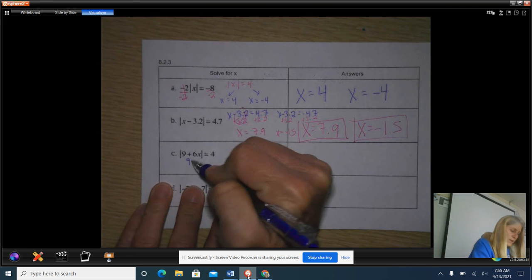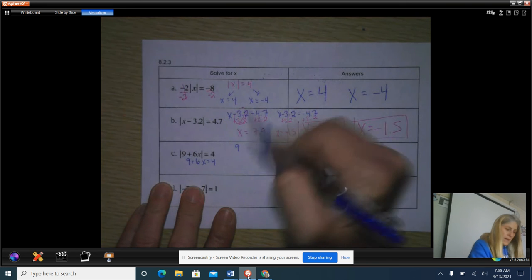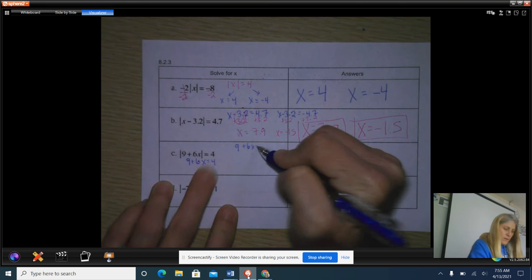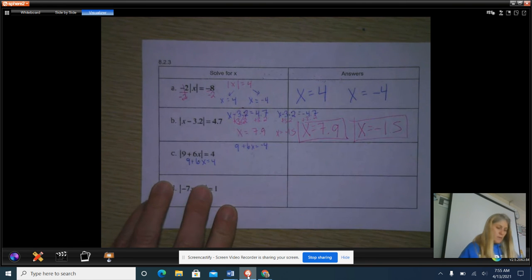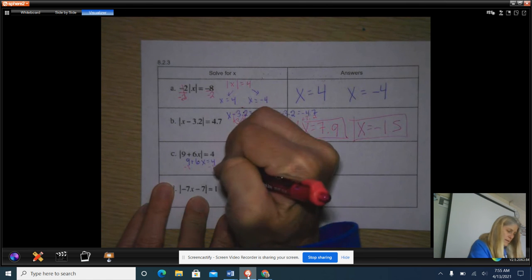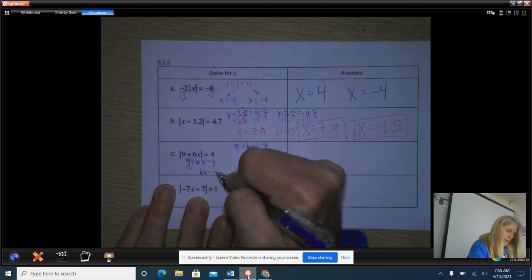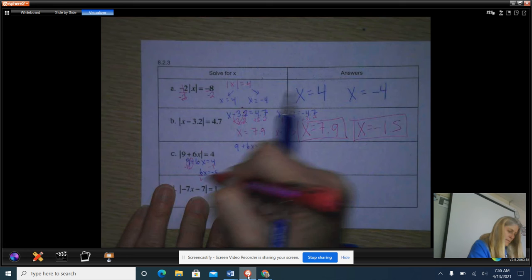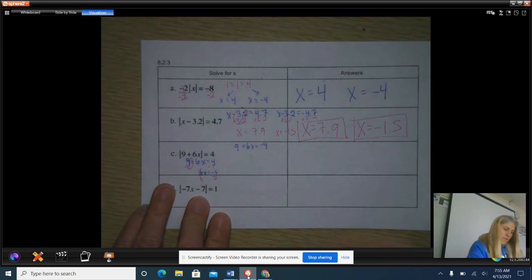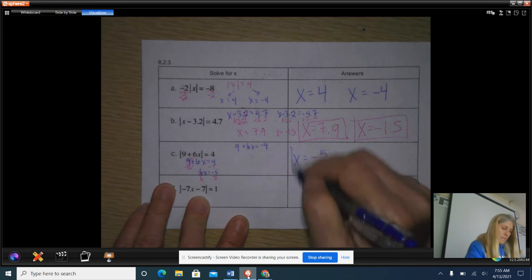So we have whatever is inside, 9 plus 6x is equal to 4, and then we have 9 plus 6x is equal to -4. So we're going to go ahead and solve for x. We're going to subtract 9 from both sides, and we get 6x is equal to -5, and then divide both sides by 6. And so our first x is going to be -5/6. Okay.